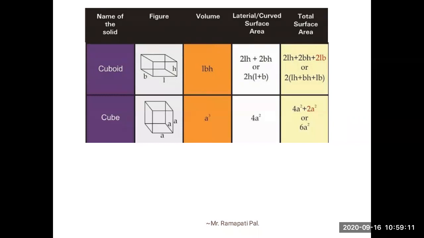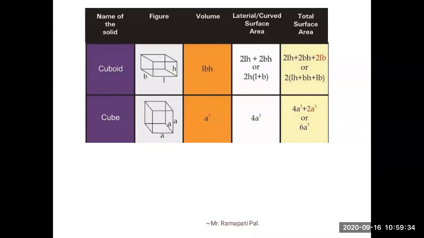Its volume will be a cube, as we write length into breadth into height in cuboid. But in cube, length is equal to breadth and breadth is equal to height. So it will become A into A into A, that is a cube.